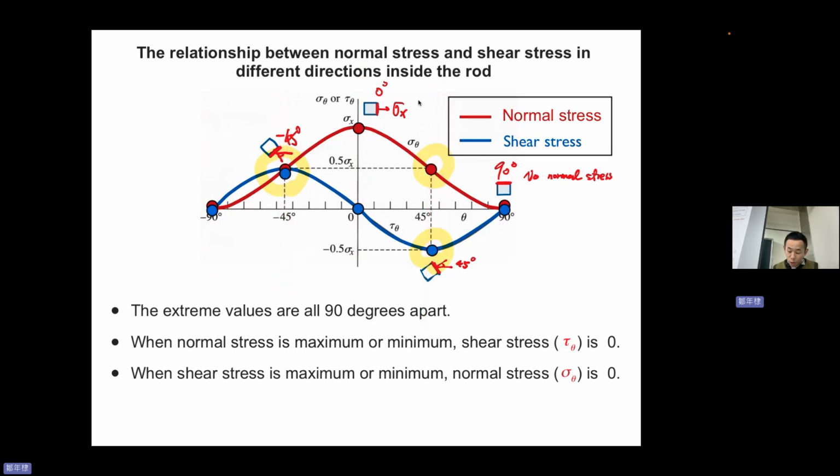And when normal stress is maximum, shear stress equals 0. But when shear stress is maximum, normal stress is not 0. That's it.